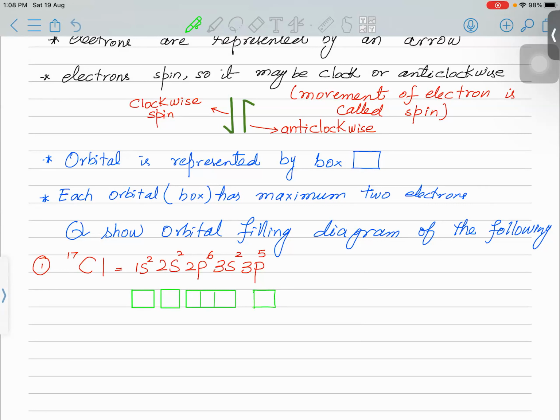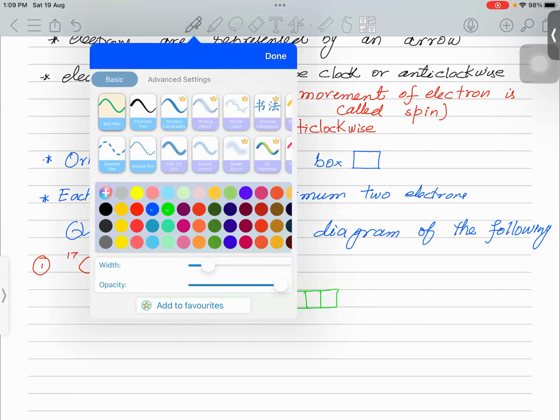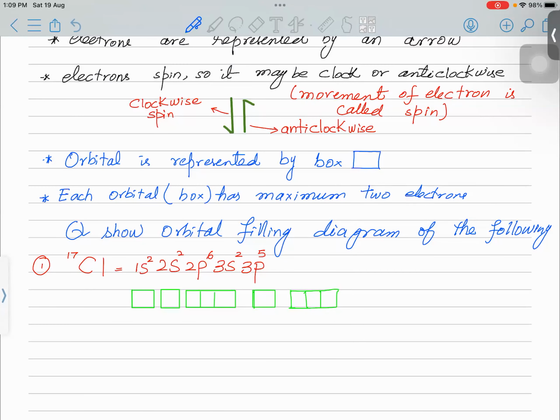This is 3s2. Again, this is 3p. Now, fill these.